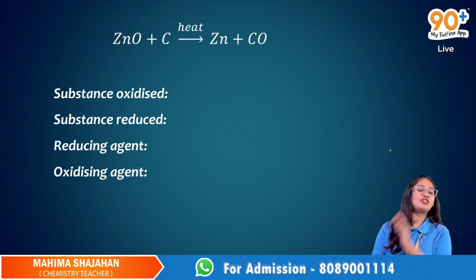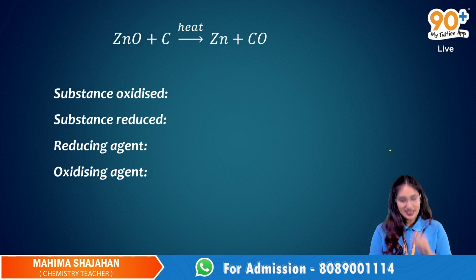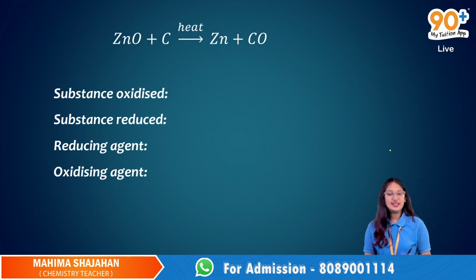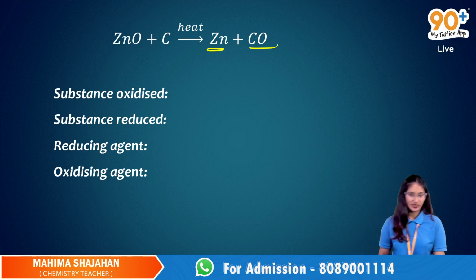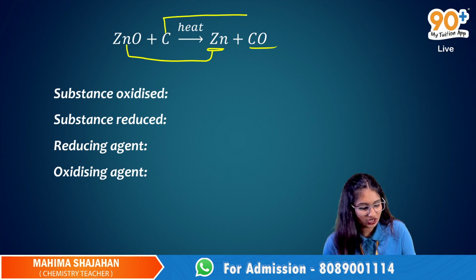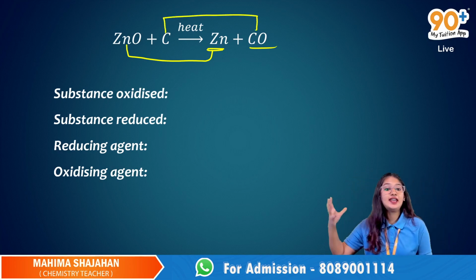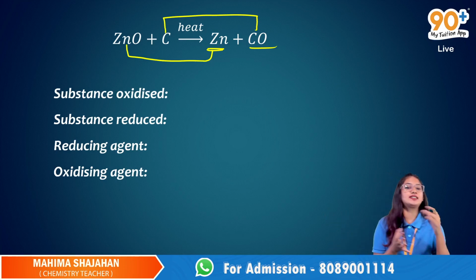So here is a reaction between zinc oxide and carbon. We heat zinc oxide with carbon, and I get the products zinc and carbon monoxide. Now look, zinc oxide is changing into zinc, and carbon is changing into carbon monoxide. From ZnO, oxygen is removed and we get Zn.